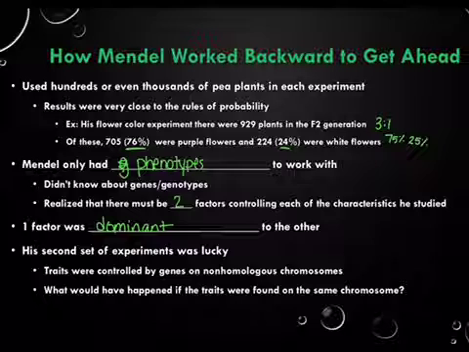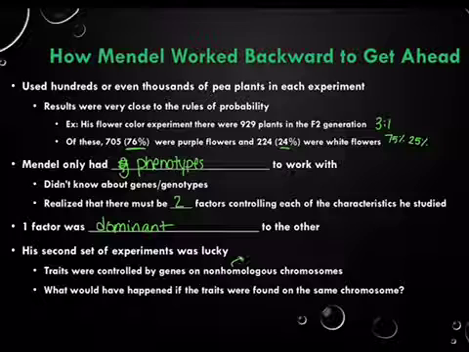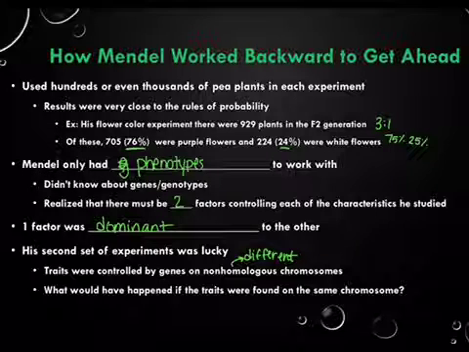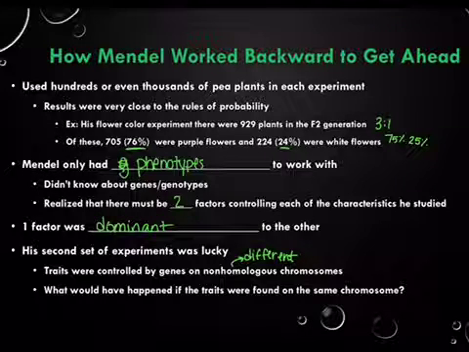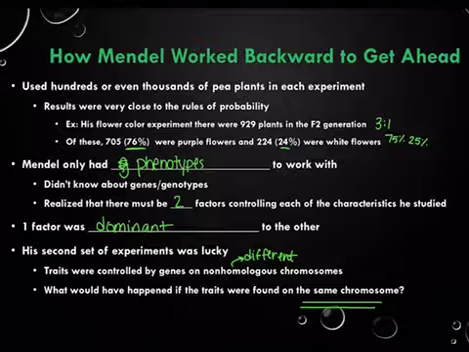So his second set of experiments, he was pretty lucky when he was testing if traits were inherited together, like we just did that dihybrid cross, because the traits he picked were controlled by genes on non-homologous, or different, this just simply means different, chromosomes. And so he never really had to deal with if the traits were on the same chromosome, would those characteristics still show up independently of one another.